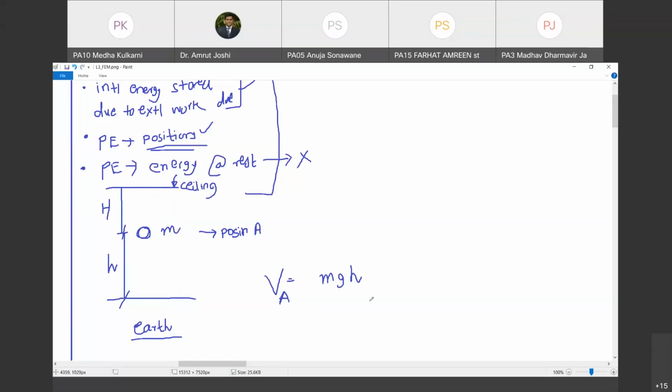Type your answer in chat box. So this is with reference to ground. What is the potential energy associated with an object with reference to a ceiling? Please type your answer in chat box. Again, I am waiting for the answer.